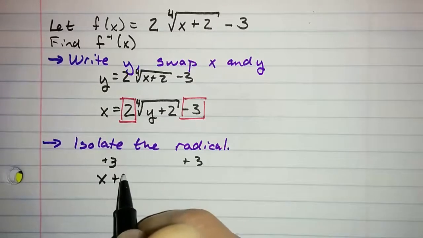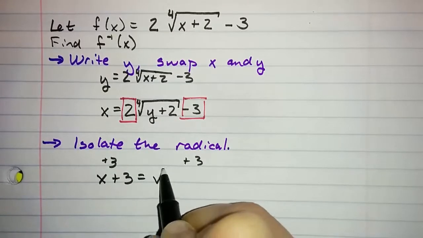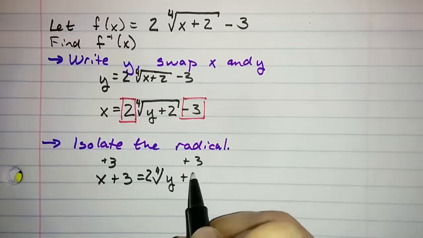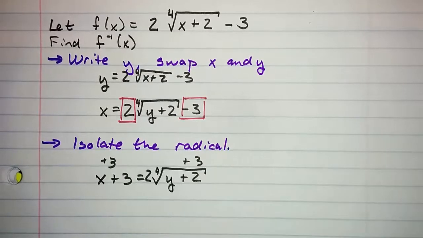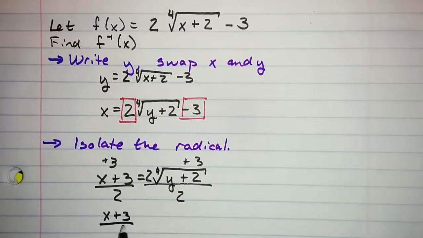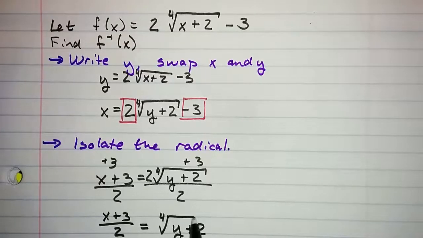I'll get x plus 3 is 2 times the 4th root of y plus 2. And then to get rid of the 2, we'll divide both sides by 2, and we'll get (x plus 3) over 2 equals the 4th root of y plus 2.